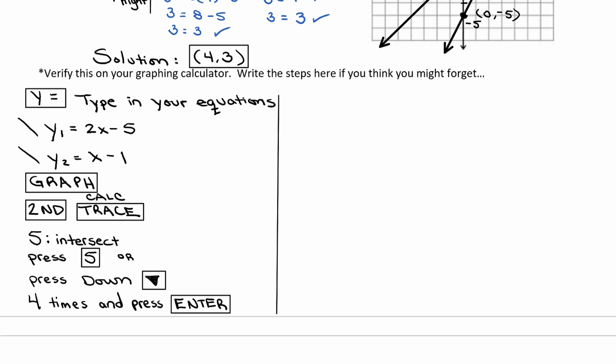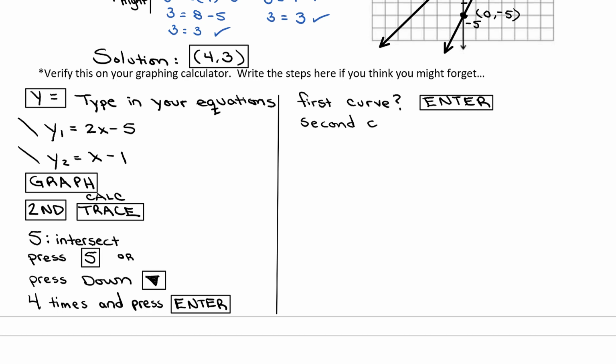Once you have done that, you should be placed on the graphing screen, and you should see your two lines intersecting. It should ask you first curve with a question mark, and the cursor should be on one of the two lines. You press enter. Second curve, the cursor should be on the other line, and you press enter again.